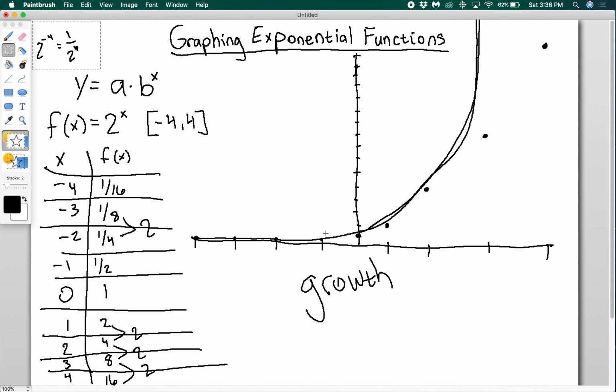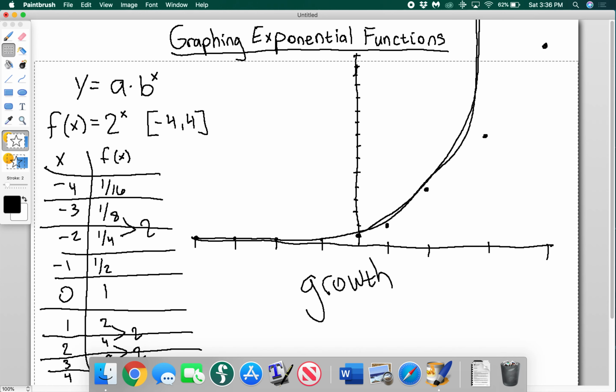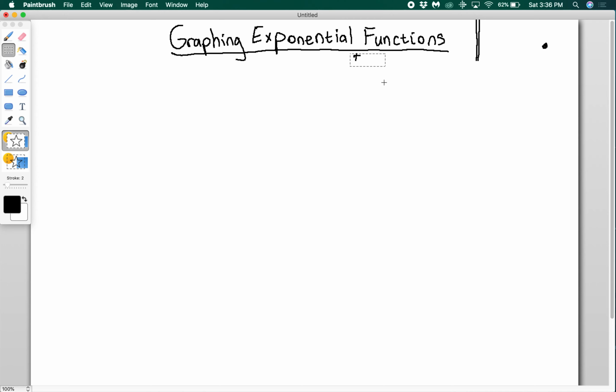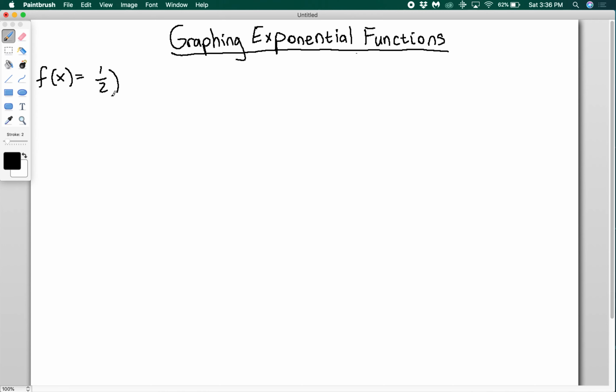Okay, so let's look at another case where, instead of exponential growth, we have exponential decay. So let's get something like f of x equals 1/2 to the x instead of 2 to the x.